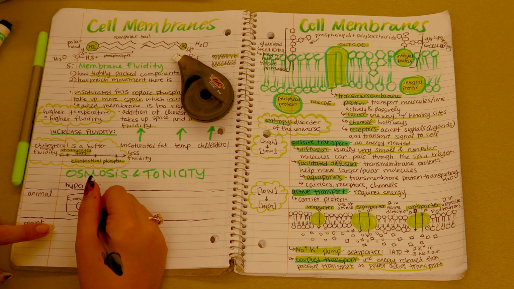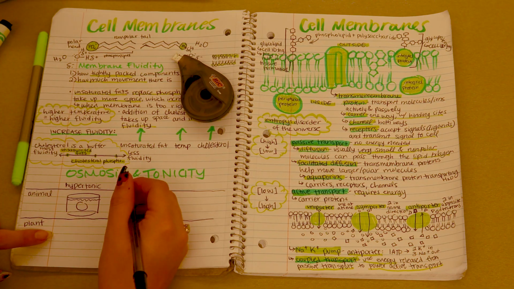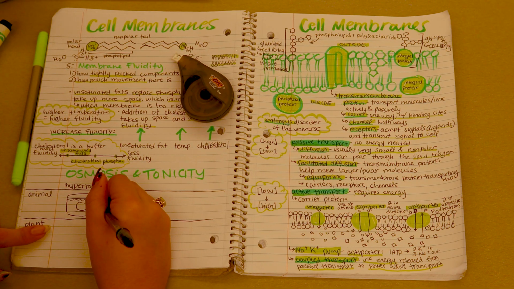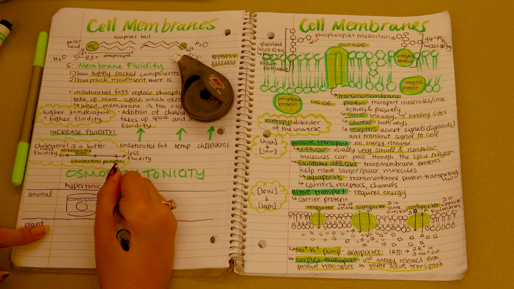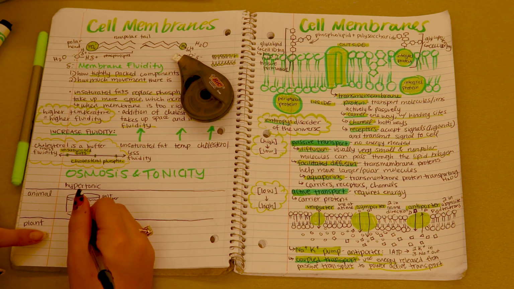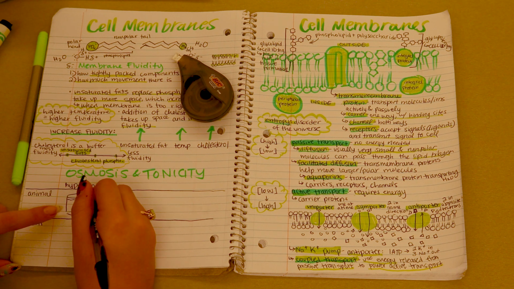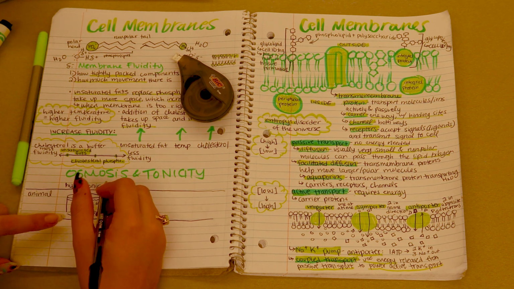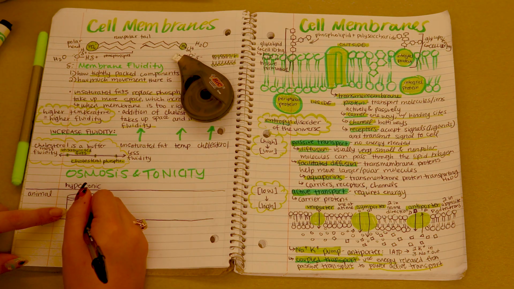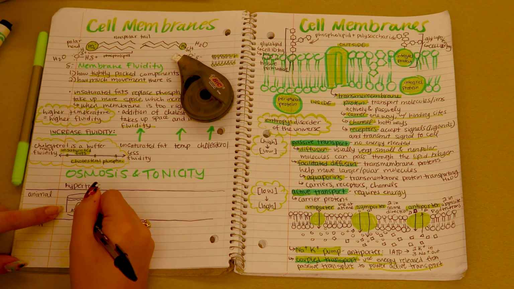But this is a salt water bath. So what's happening here in a hypertonic environment is there's going to be more solute outside the cell than in it. So the water is going to flow out.